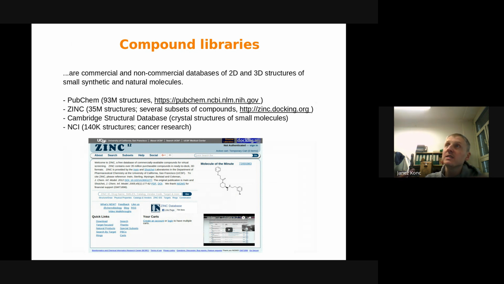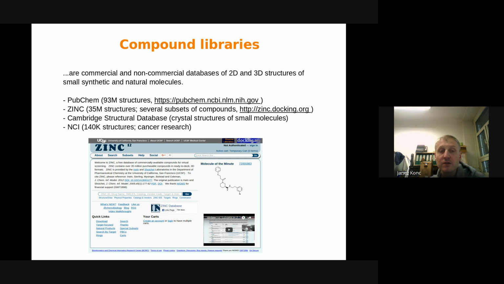compounds. They are gathered from different papers, from literature. They are achievable, but they are not usually easily achievable. You have to know the chemistry. So that's why we usually use the other databases that offer commercially available compounds. For example, the ZINC database is such a database.